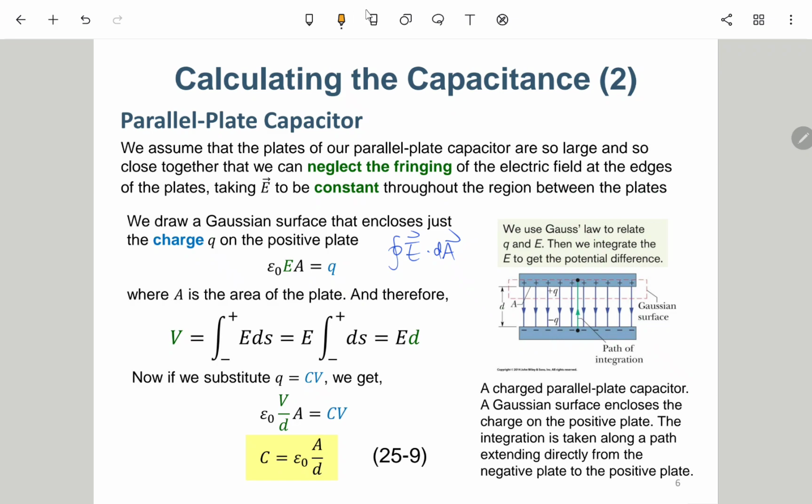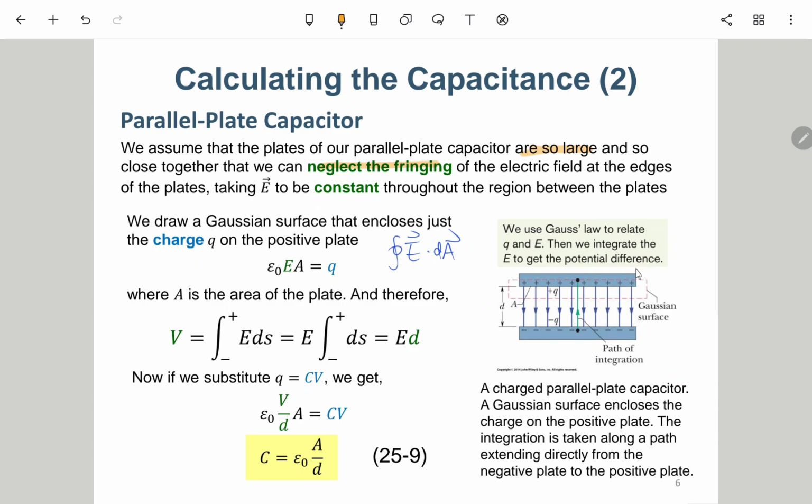It says we assume that the plates of our parallel plate capacitor are so large and so close together that we can neglect the fringing, 就是忽略那些边际的效应, of the E field at the edges of the plates. So we will just take E to be constant throughout the region between the plates, and it will be 0 outside the plates, just as I mentioned.